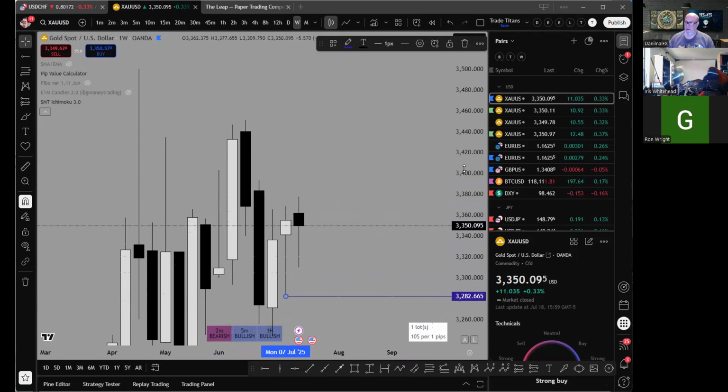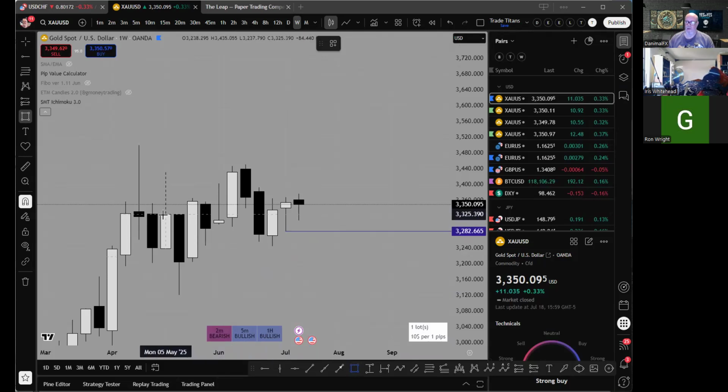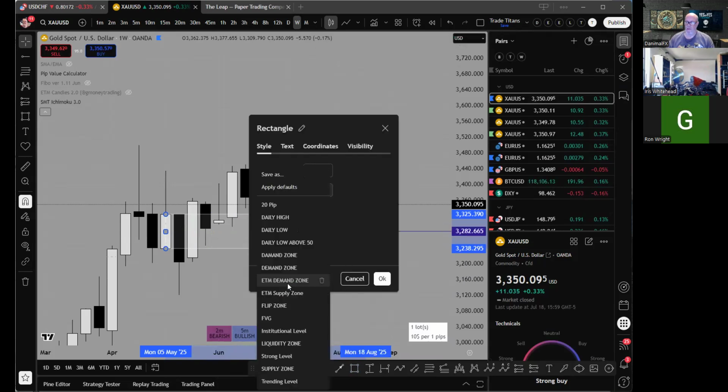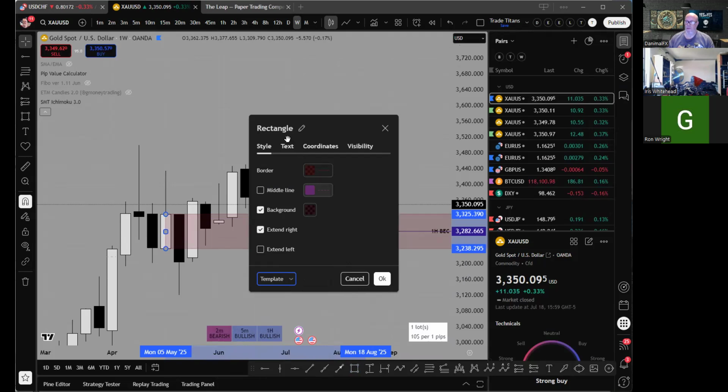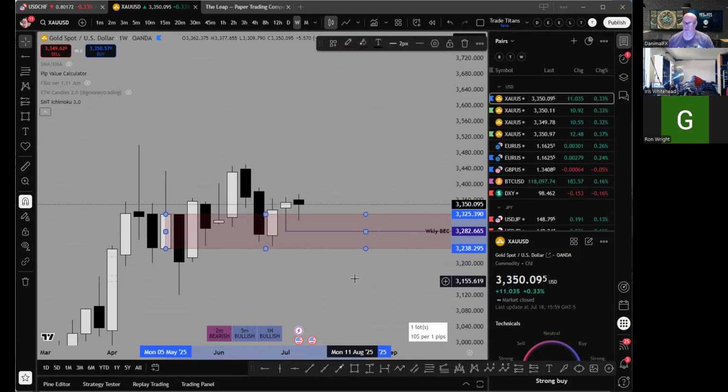This entire candlestick, and not only that, we have this BEC structure here from the weekly. It's nothing I really would look at, but it is an ETM supply zone on the weekly. So I'm going to use that in conjunction with the previous weekly candlestick.